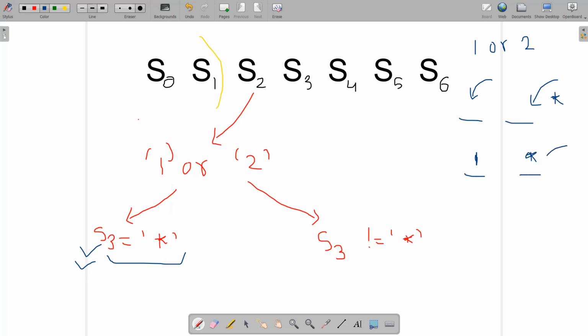So for this condition you need to increment your answer by dp of I minus 2, because the partition is over here, and you need to multiply it by 9 because there are 9 possible ways. And what about this one, if it is fixed with 2? If it is fixed for 2 and it is a star, you need to consider those where a star is going to vary from 1 to 6. So you need to increment your answer by 6 times dp of I minus 2.